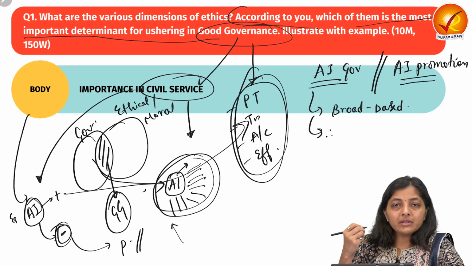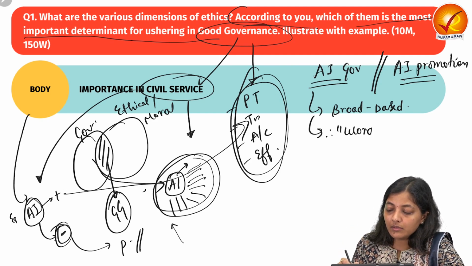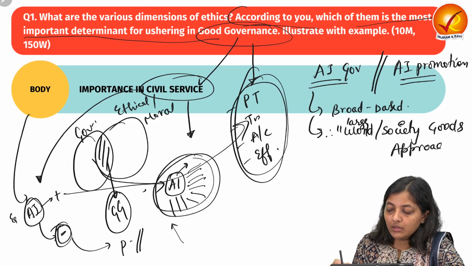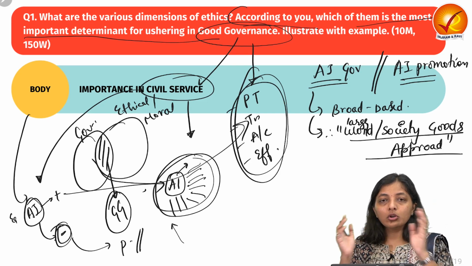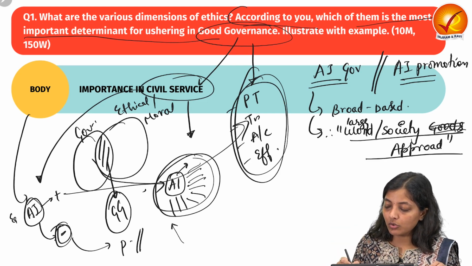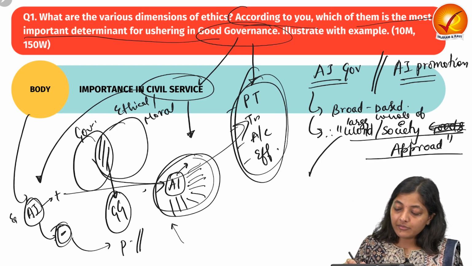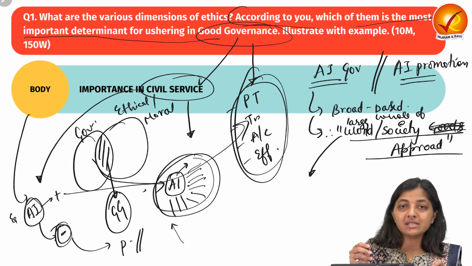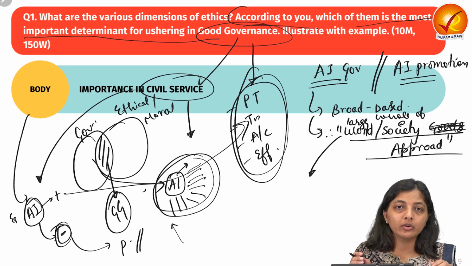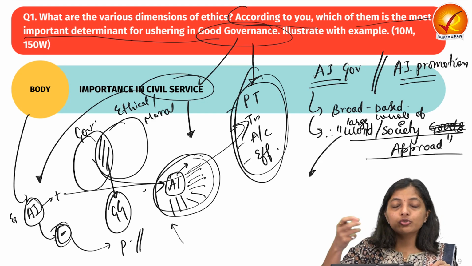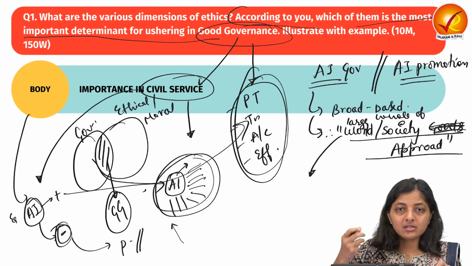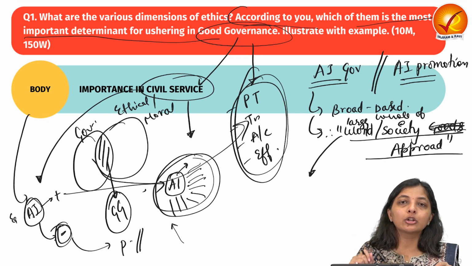So we have come up with the idea of a world or largely society goods approach, which is better for the whole of society, the whole of the world approach. It means we will take feedback from multiple stakeholders, involvement of the community would be there, so that the dividends reach the people in a just manner, in a fair manner and in an inclusive manner.